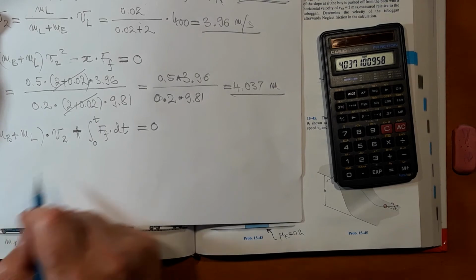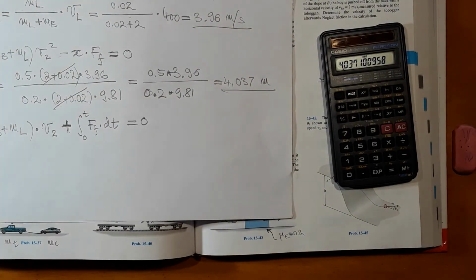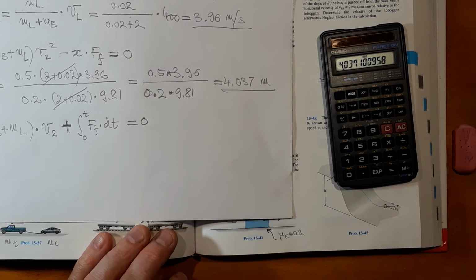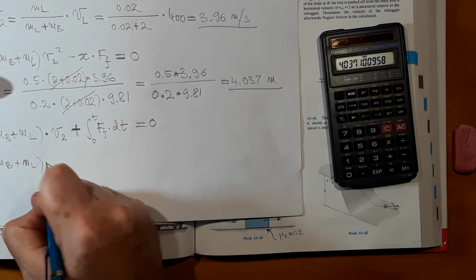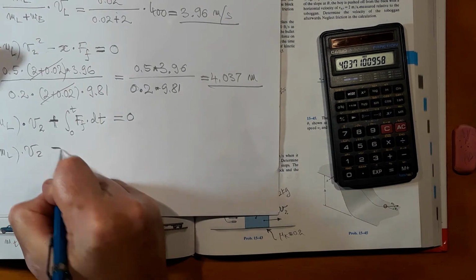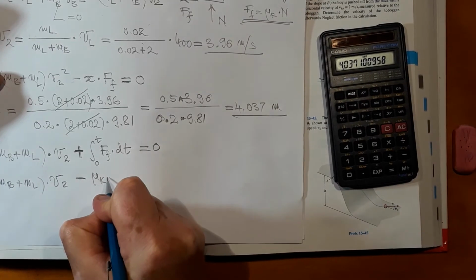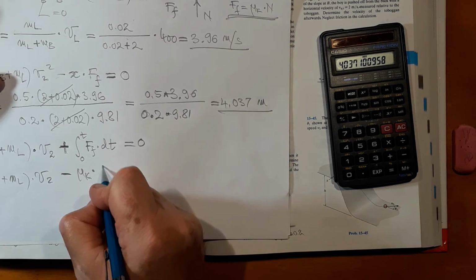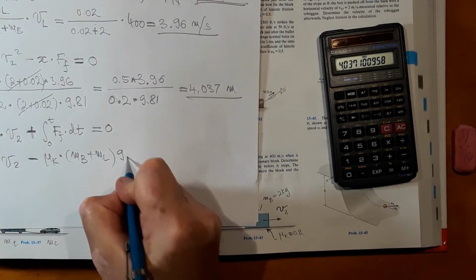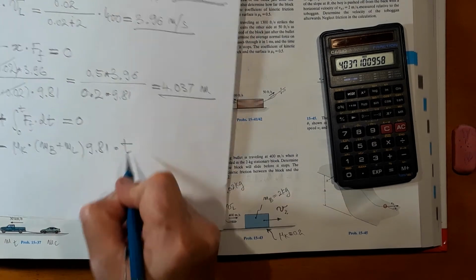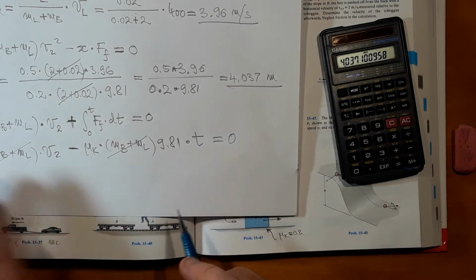Okay, so, and then having time now, from here we'll get mass of the block plus mass of the bullet, V2, this is known, and then friction force creates a negative impulse, so it'll be mu k, that is kinetic coefficient of friction times mass block plus mass lead times 9.81 times t equals 0. Okay, so mass goes away.